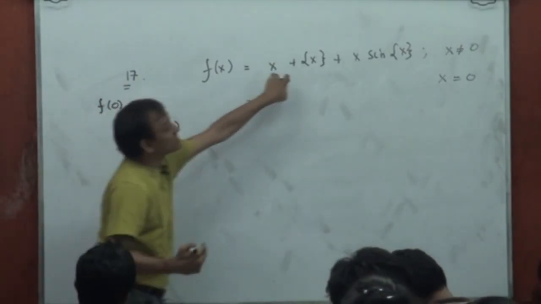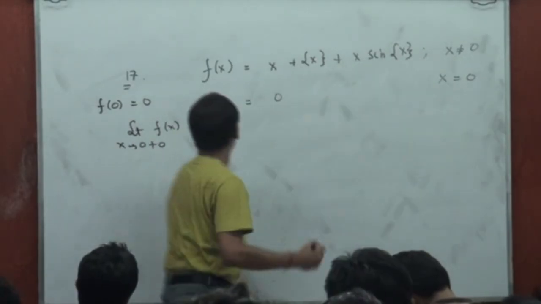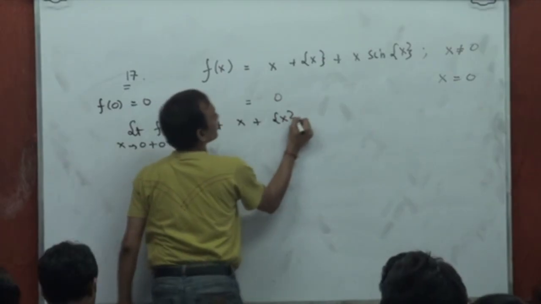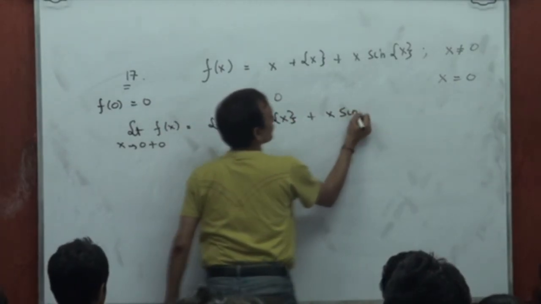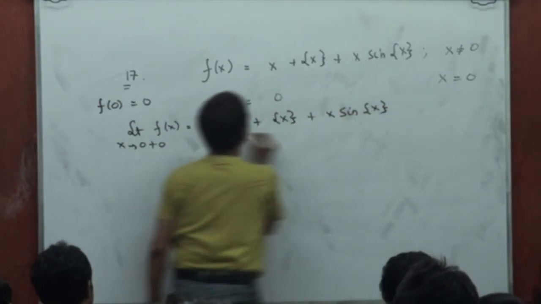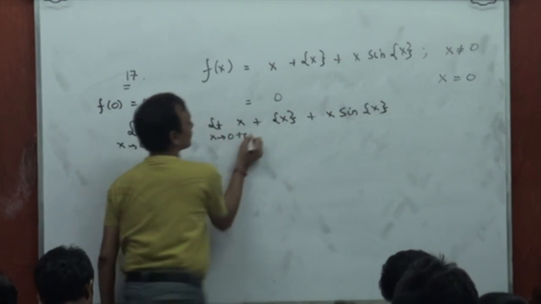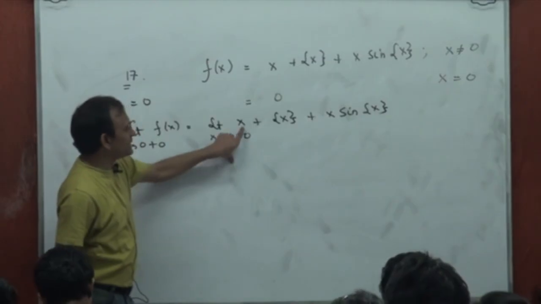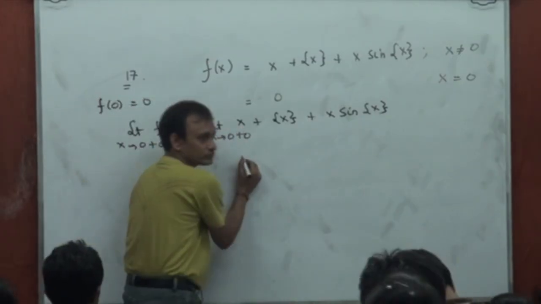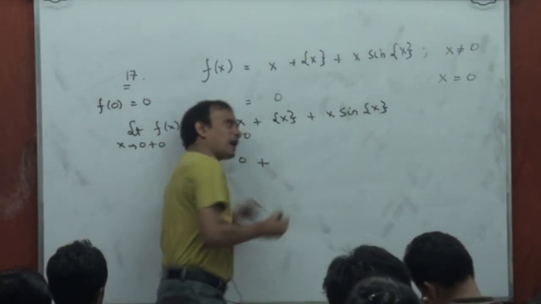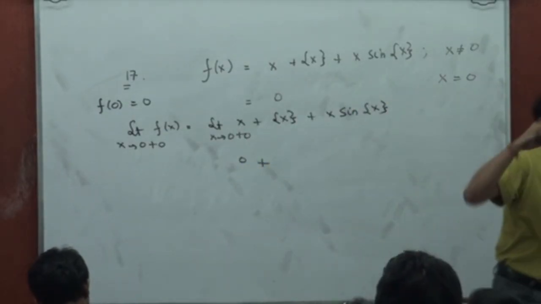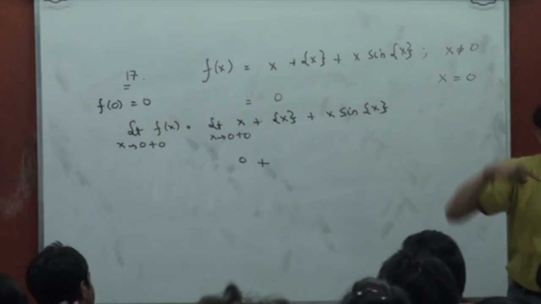And when it's not 0, it's described this way, right? Now when x tends to 0 from the greater than 0 side, this will tend to 0. Fractional part of x coming closer and closer to 0 from the greater than 0 side will be 0.